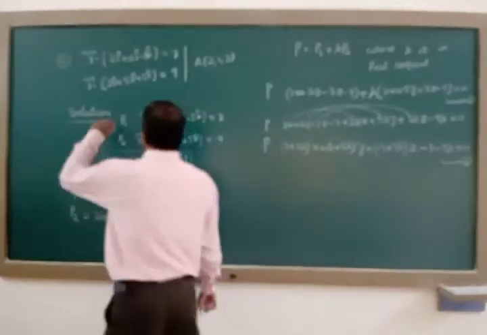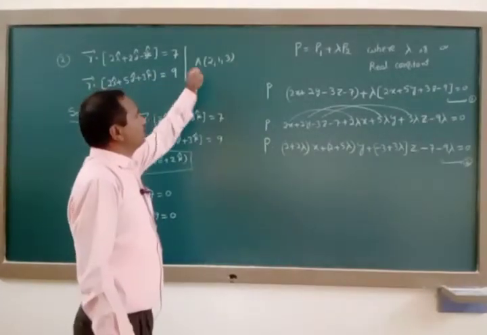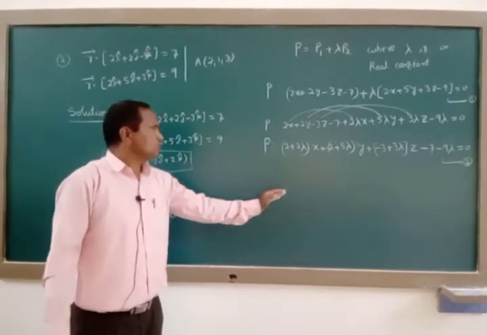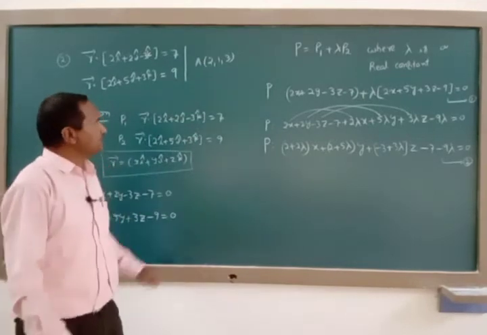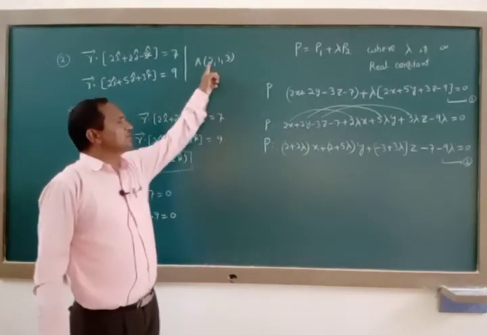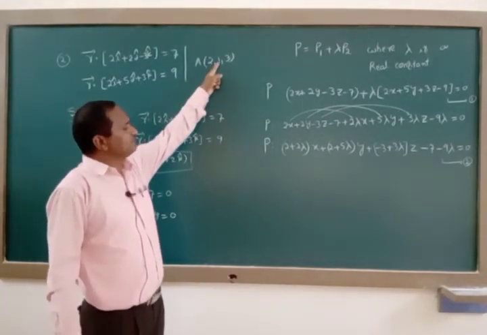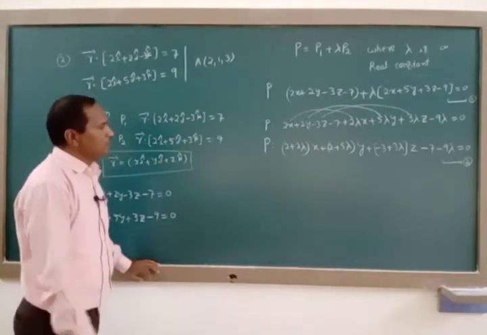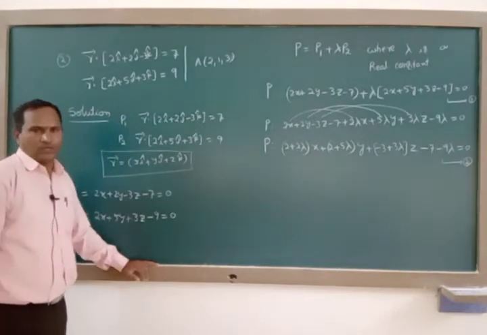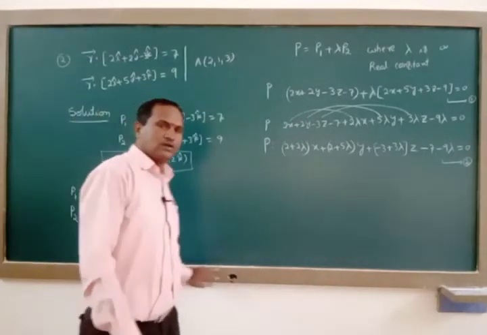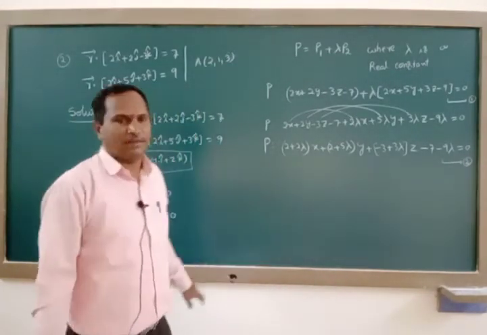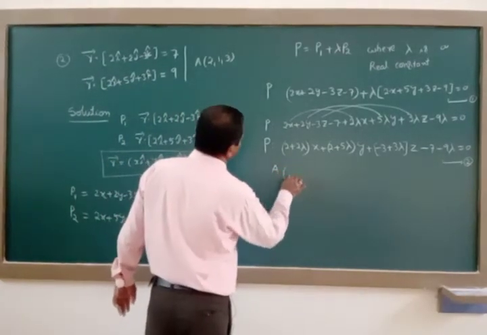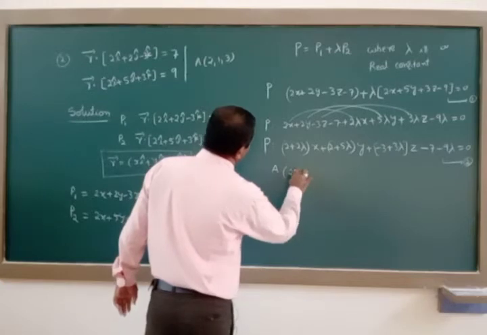The plane passes through the point already mentioned, that is 2 comma 1 comma 3. Since it must pass through this point, instead of x the first number 2, instead of y the second number 1, instead of z the third number 3, we substitute in equation number 2. By substituting those three values, you will get the value of lambda. The plane passes through the point A, which is 2 comma 1 comma 3.